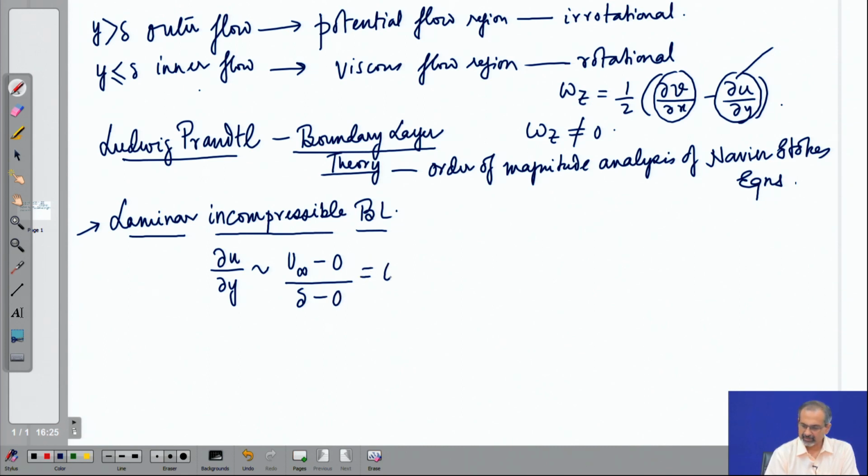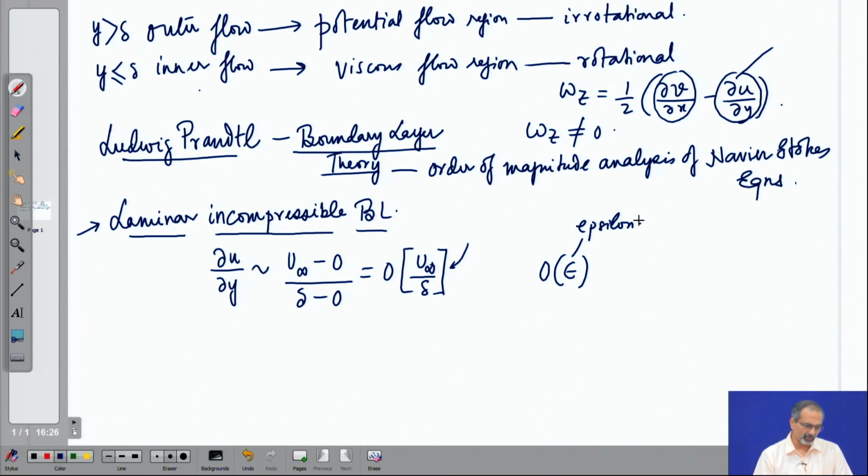Therefore, it is of order u infinity by delta, and since delta is a very small term and u infinity is a fairly large term, this happens to be a large term. Accordingly, the other terms are assessed, and some of them are found to be of the same order, some of them are found to be much smaller than that.